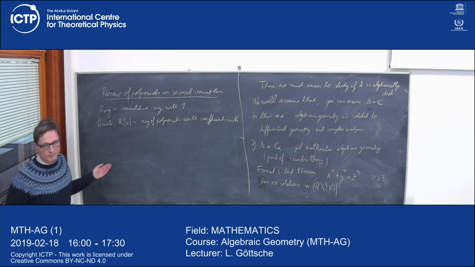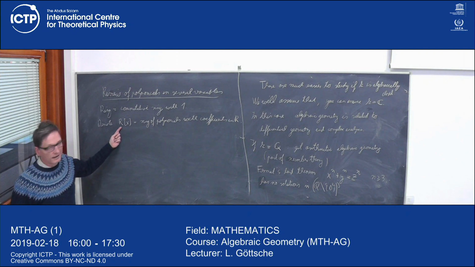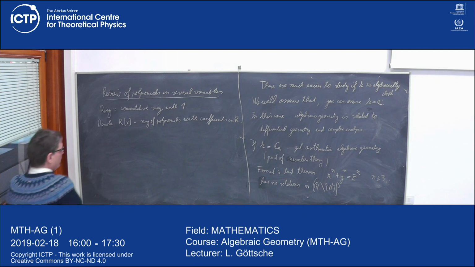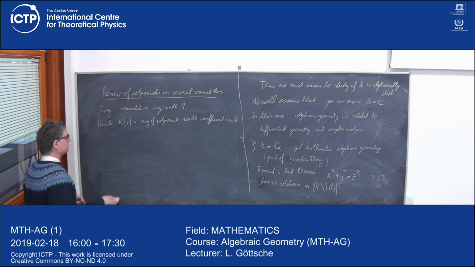So elements are sums of a_i x^i, where the a_i are elements of R, and then they are added and multiplied and so on in the usual way. And now the polynomial ring in several variables.